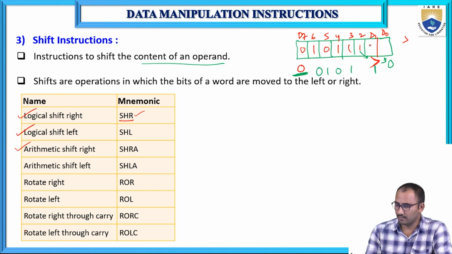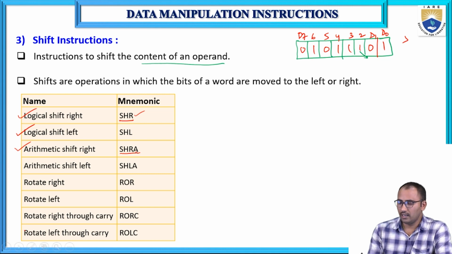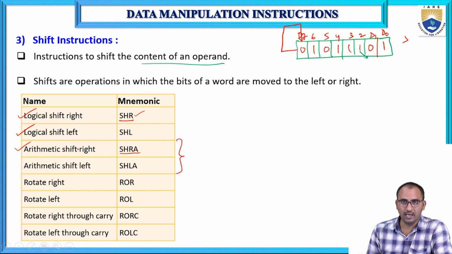The mnemonic is SHRA, arithmetic shift right. Here it can be used as sign preserved, that means the D7 position sign will be preserved. Especially this arithmetic shift right and arithmetic shift left are used for signed numbers.